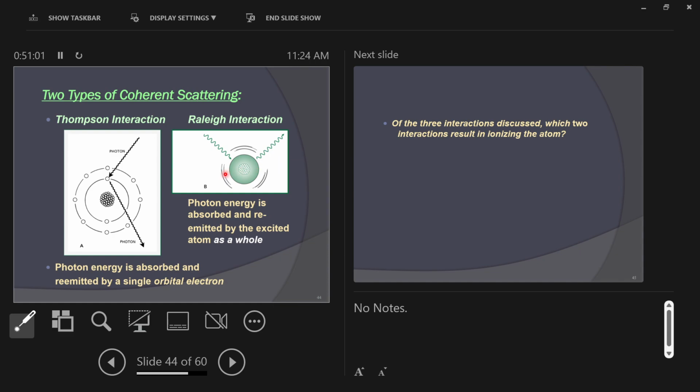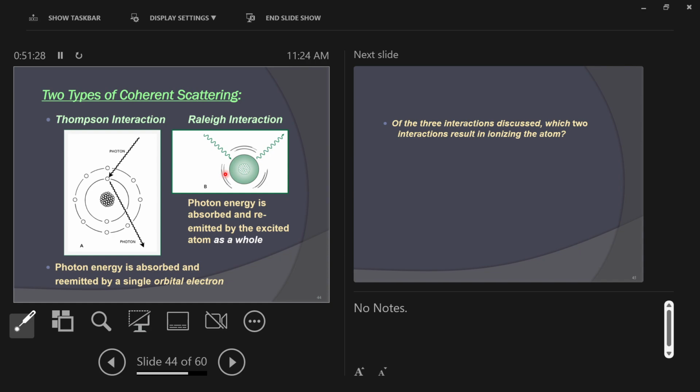Is the atom ionized in coherent scattering? No. In order for an atom to be ionized, what has to happen? The electron has to be ejected from the atom. In order for the electron to get ejected, the incoming photon has to have more energy than the electron is bound with, that it's held into the atom with.